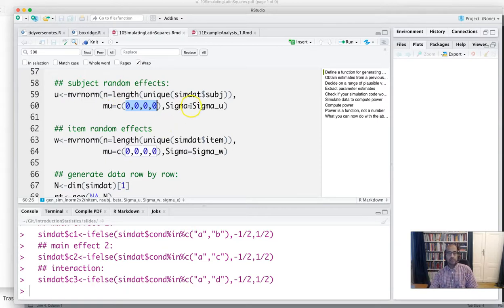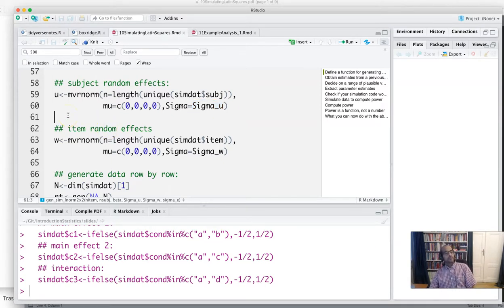So the variance covariance matrix for the subject's random effects will be a 4 by 4 matrix, a very complicated matrix now, right? The diagonals will contain the variances, and the off diagonals will contain the covariances, right, which contain the standard deviations, the correlation, sorry.